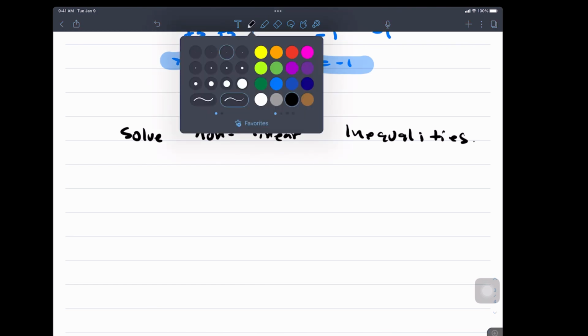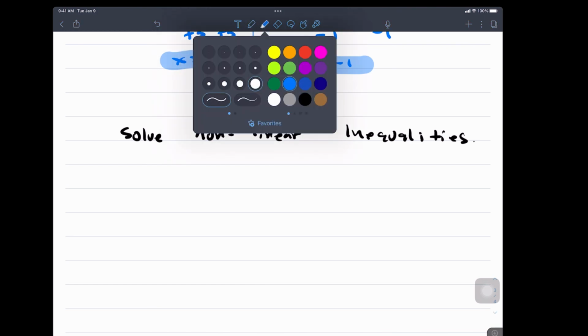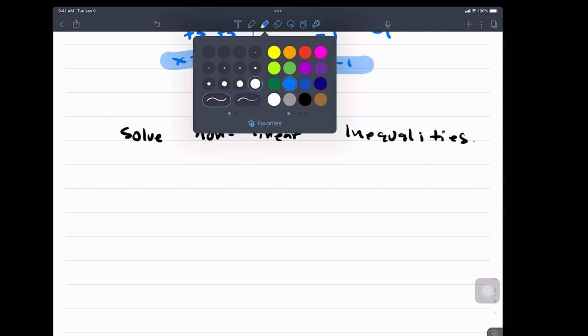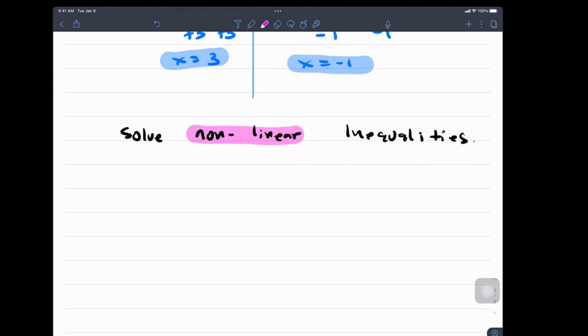So in other words, you say, what's the meaning of this phrase? You go, non-linear. I might have to, I don't know what color. Pink, maybe? Non-linear? I'm going to say quadratic, higher order or rational.